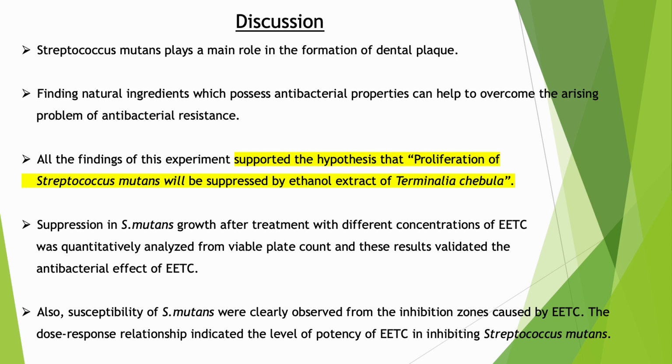Finally, all these test results supported our hypothesis, which we stated earlier, that proliferation of Streptococcus mutans will be suppressed by ethanol extract of Terminalia chebula. It was evident from the inhibitory effect test that S. mutans growth was suppressed by ETC, and the organism's susceptibility was also confirmed from the results of the disc diffusion test.